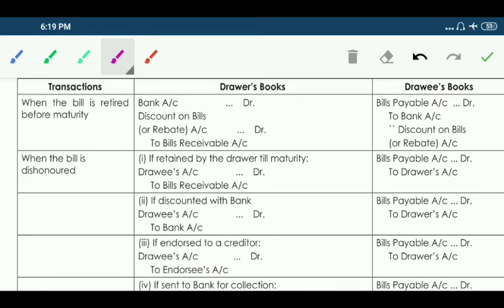Next, if discounted with a bank. Now the bill is with the bank. That's why the bank account is credited, because in the earlier entry we debited the bank account when the cash or bank amount was received.